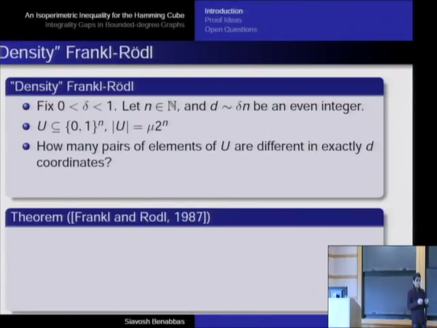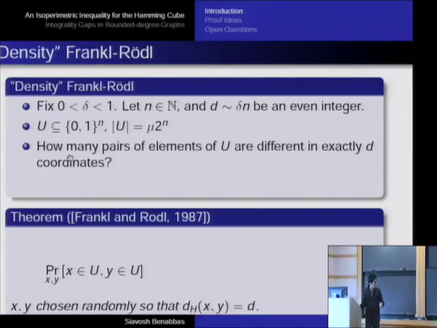So you will have many edges. But this will give a pretty weak bound, in the sense that the best you could hope for is exponentially in n many edges, but you can never compare it to, for example, the total number of pairs at distance d. So our goal is to compare it to the total number of pairs at distance d.